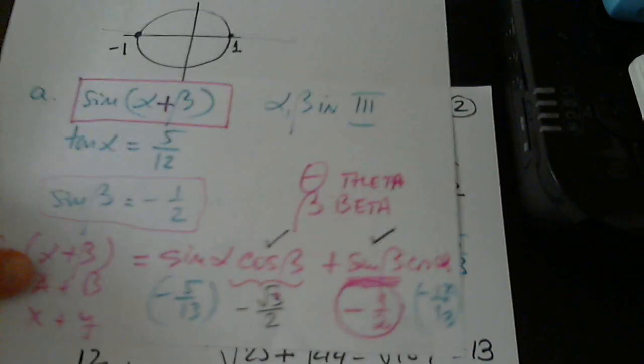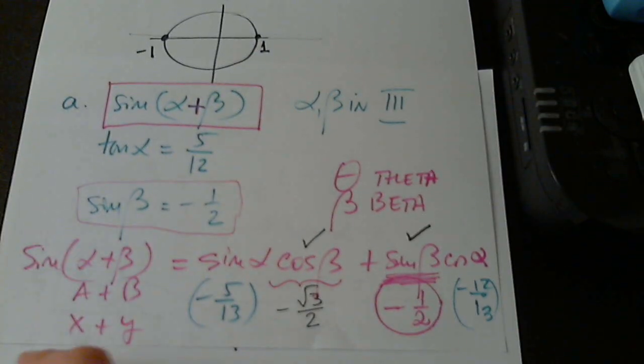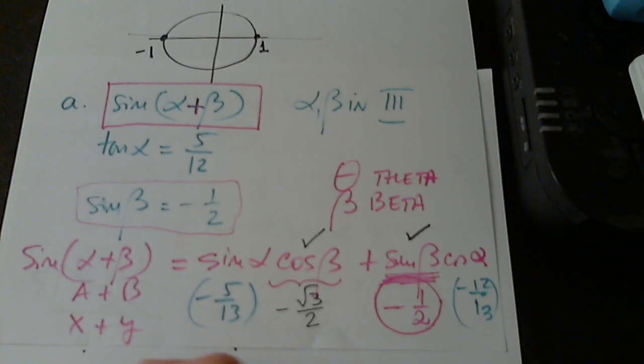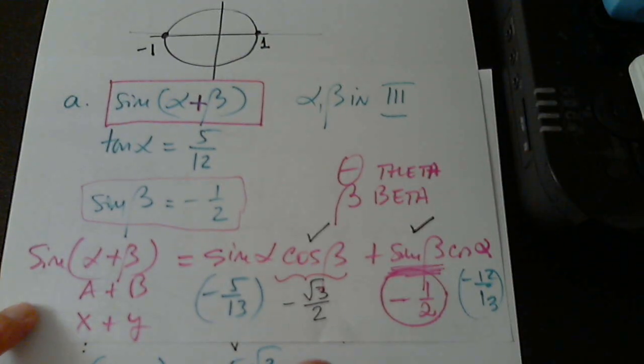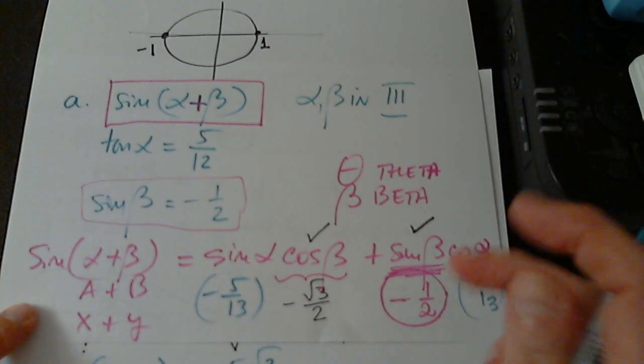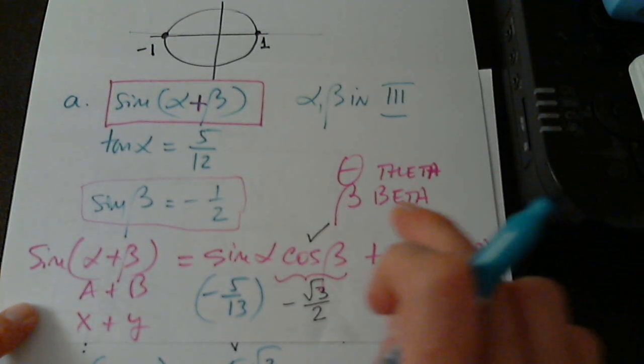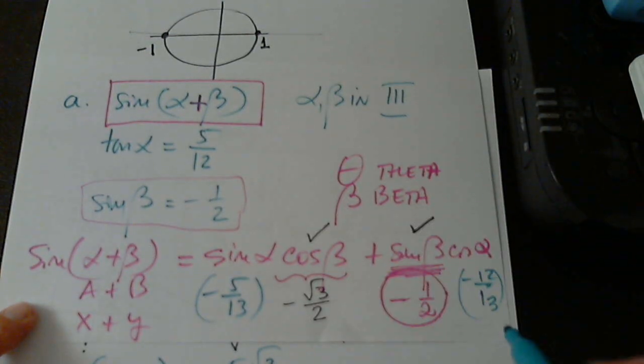So I go back and I write sine alpha plus beta equals negative times negative will be positive. So I have 5 the square root of 3/26. Negative times negative, it's positive, and I have 12/26.